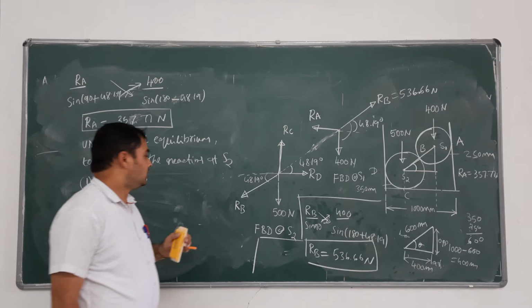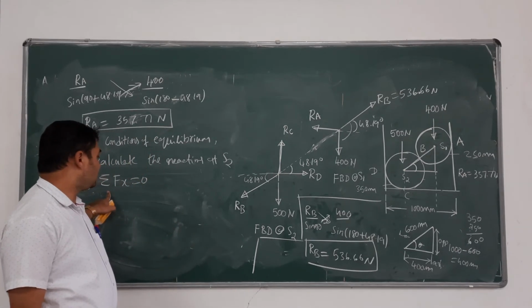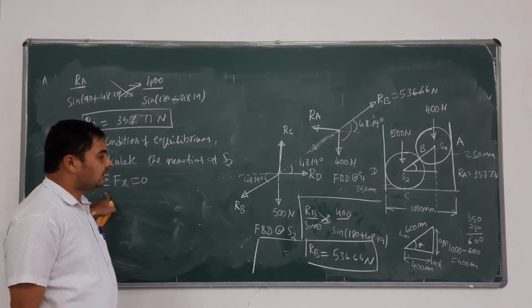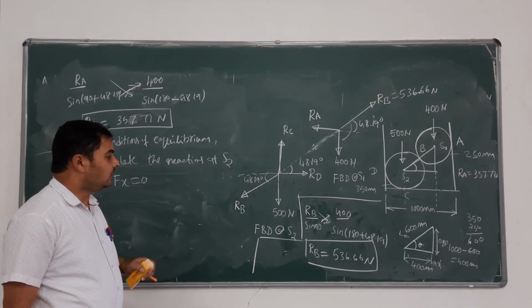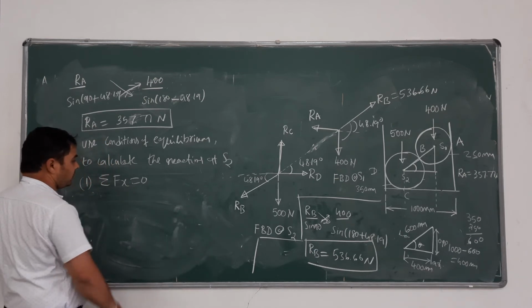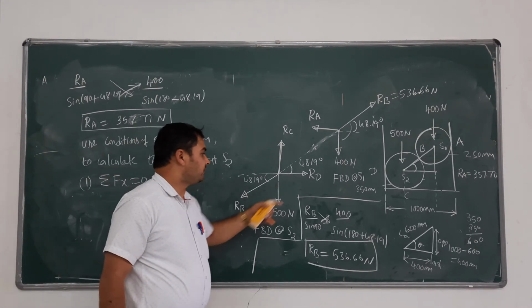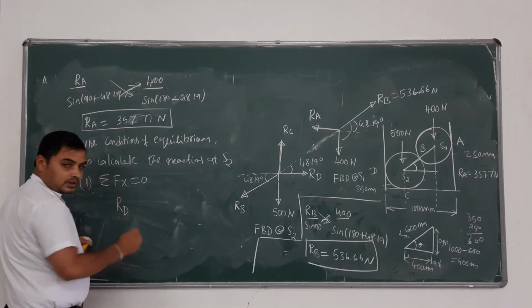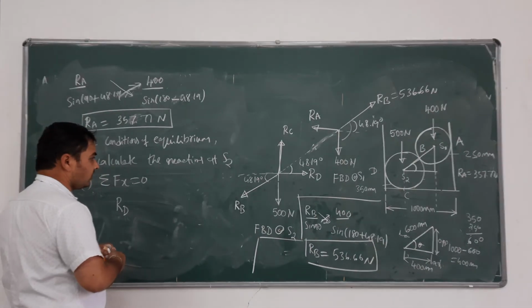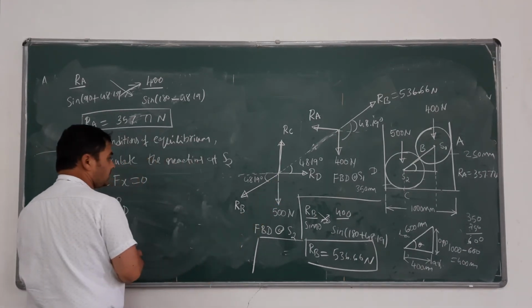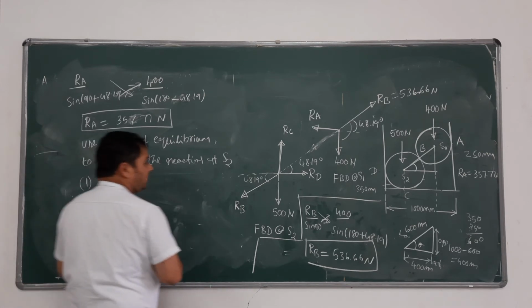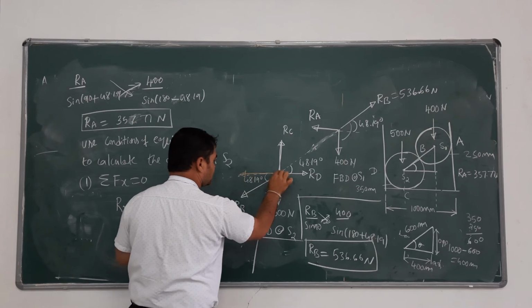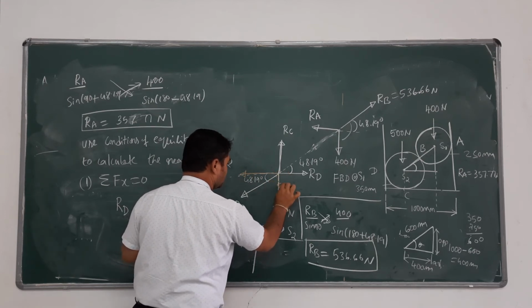That means equate all the forces acting along x direction to 0. What are the forces acting along x direction? The first force is RD. The second is an inclined force, so we have to split this force into two components.